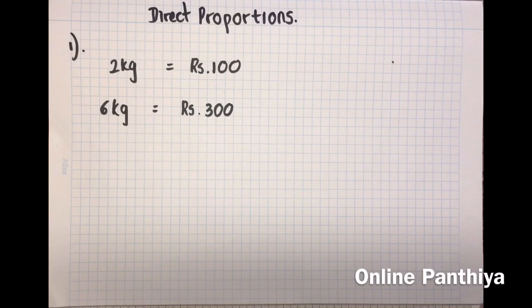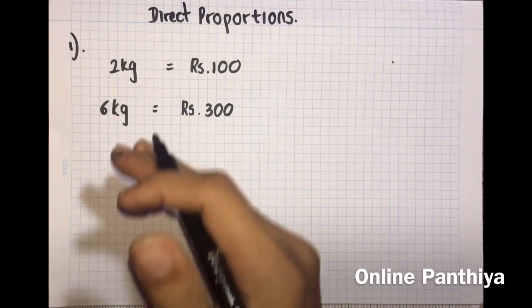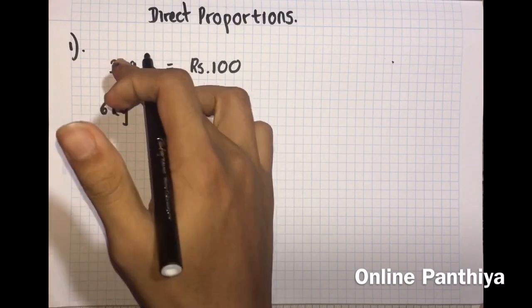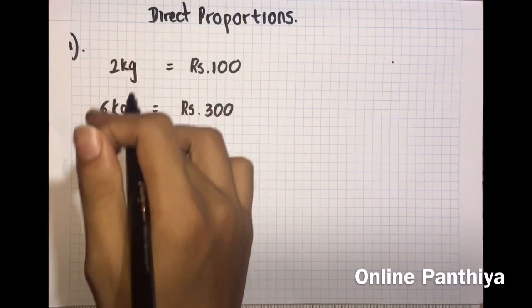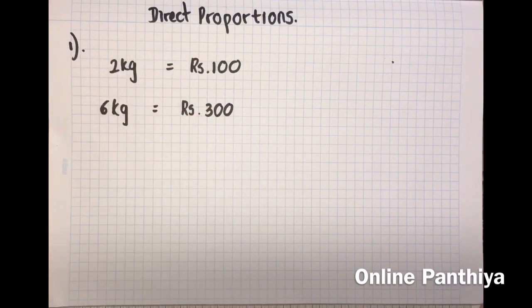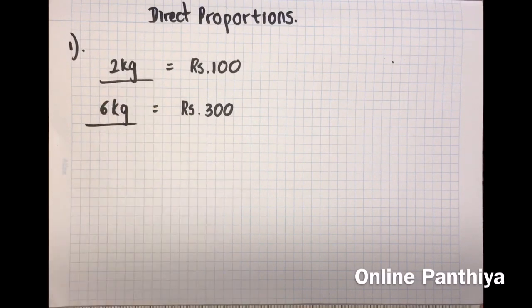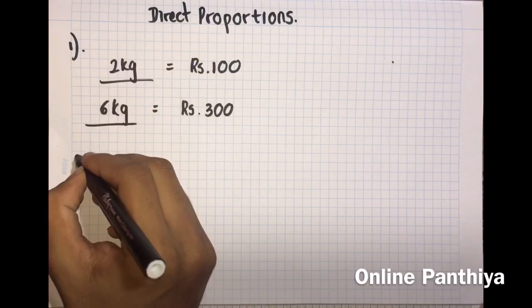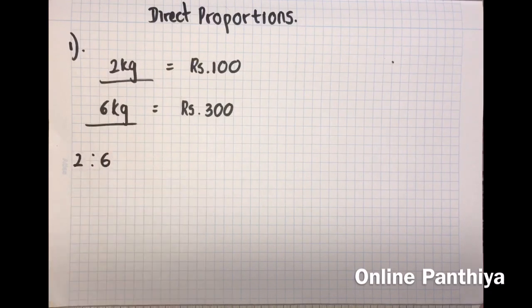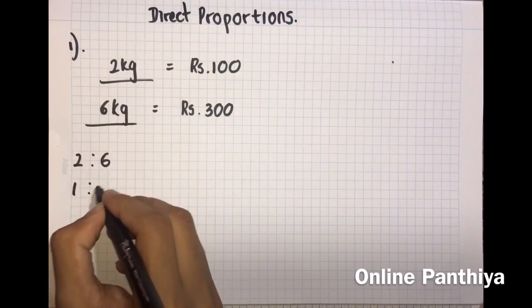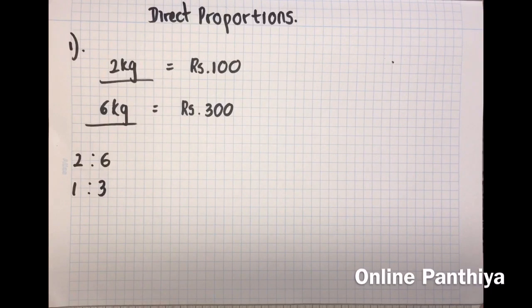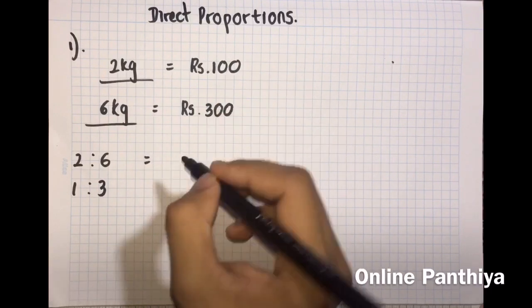Now let us check the ratio between the amounts of these two things. If you take the weight, what is the ratio between them? 2 is to 6. If you simplify, it is equal to 1 is to 3. Now shall we check the ratio between the prices?